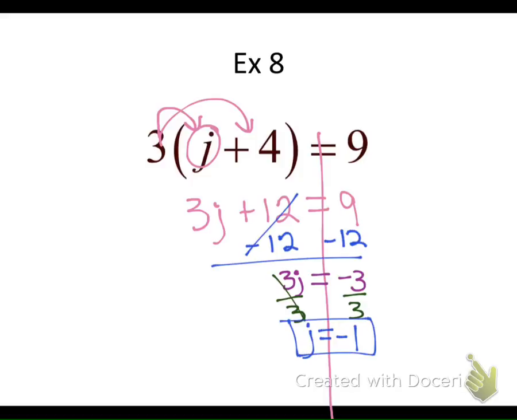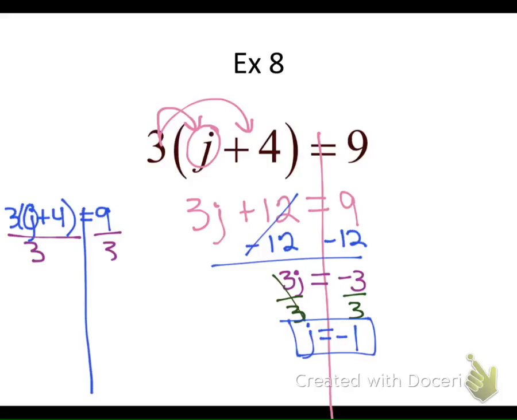Now, let's say that you didn't distribute. Let's say you have 3(j plus 4) equals 9. According to the order of operations backwards, what number would I get rid of first? The 3. So how do I get rid of that 3? Divide by 3, because anytime a number touches parentheses, it means to multiply. So I'm going to divide each side by 3.